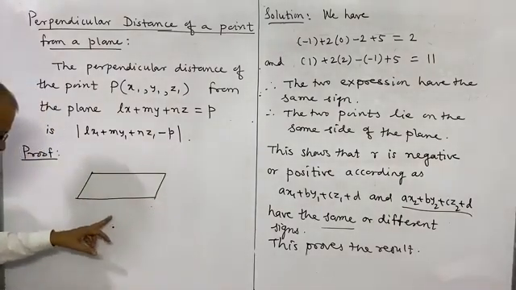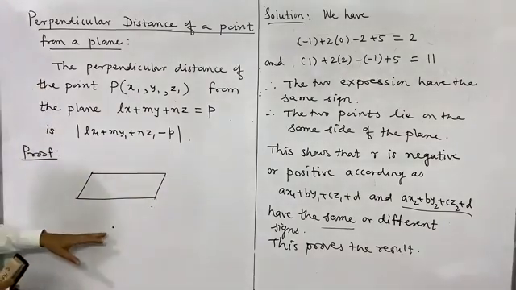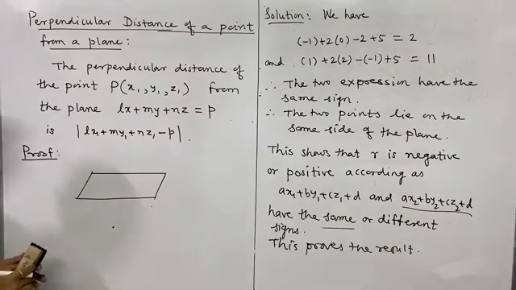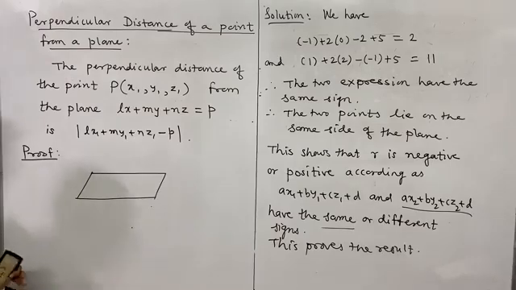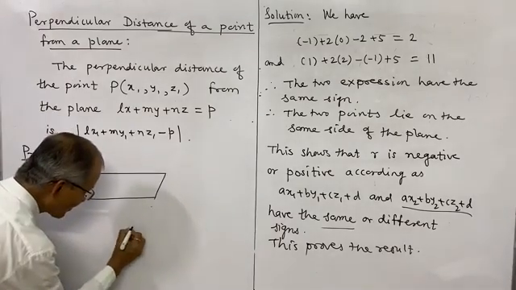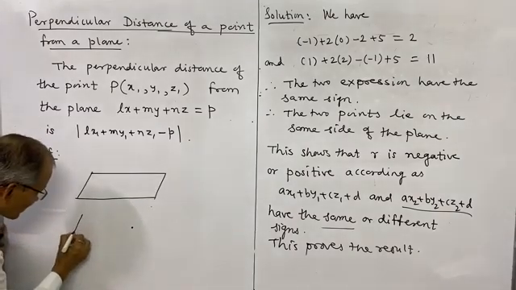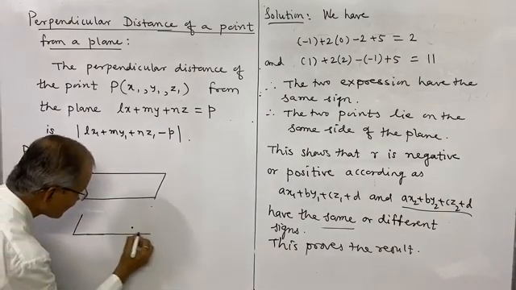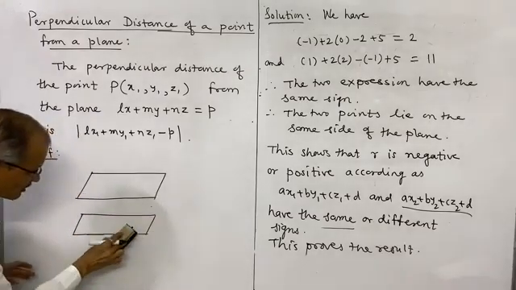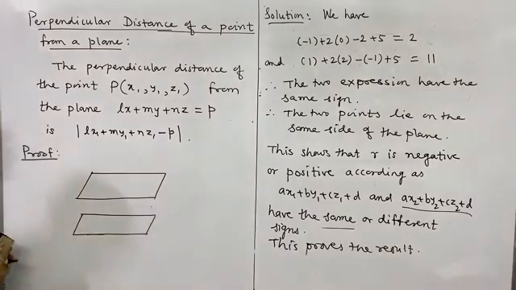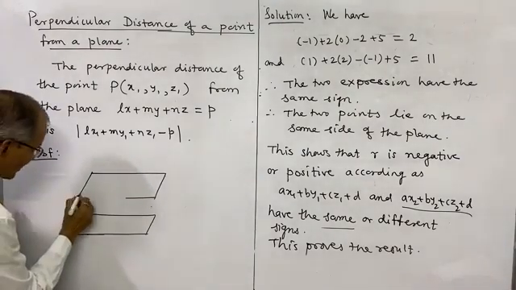For that purpose we consider a plane passing through the point P which is parallel to this plane. First we draw the figure. These two planes are parallel to each other.